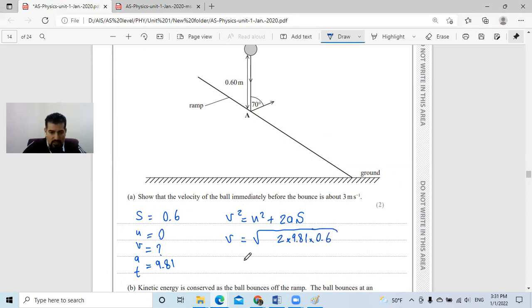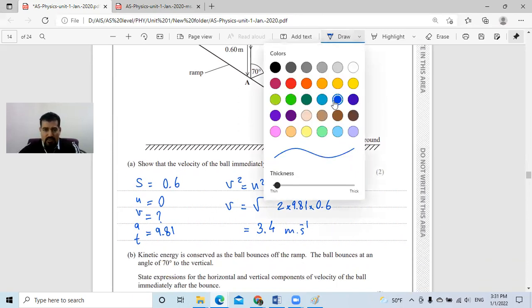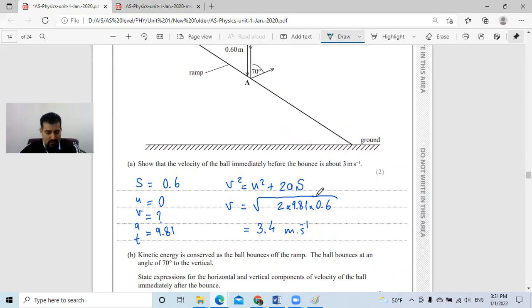Using a calculator, the answer will be 3.4 meters per second. Thank you. Well done, guys, for sending me answers. You can write it to 2 or 3 significant figures, no problem.